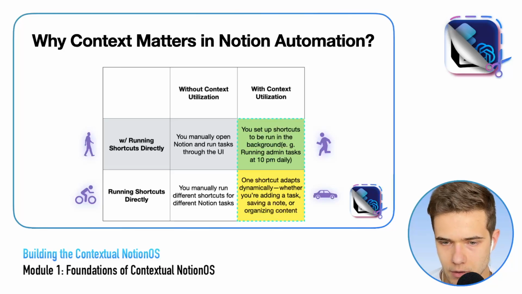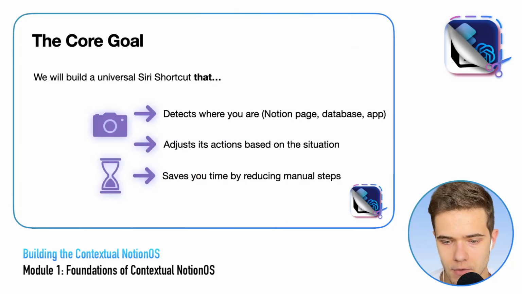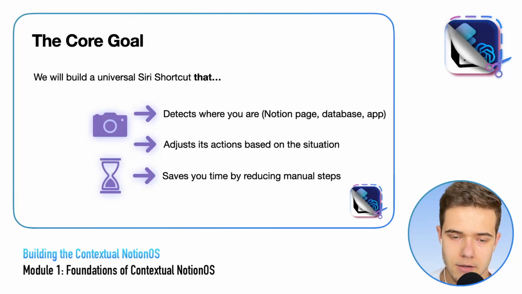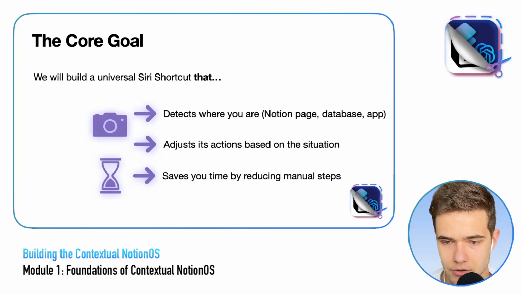And when you start utilizing context, you basically have a universal shortcut that adapts dynamically, whether you're adding a task, saving a note, or organizing content. So the core goal of this course is to build a universal Siri shortcut that will detect where you are in Notion, page, database, or the app, and it will adjust its action based on this situation.